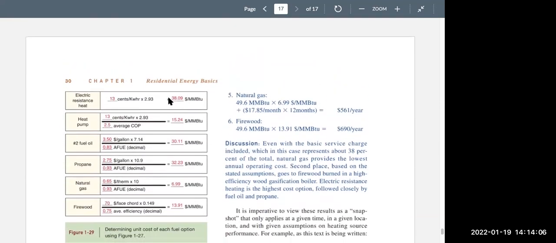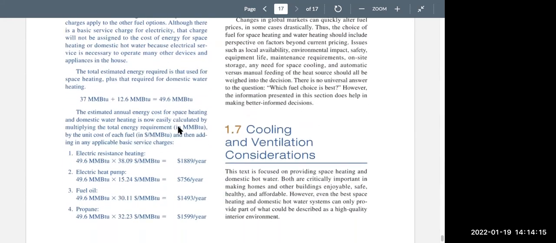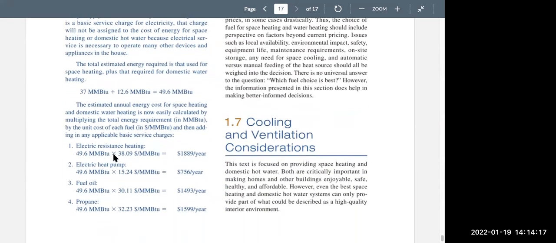We look at this chart, we see each one of these costs per millions of BTU, and then we're going to take it down there and simply multiply it. So that's how much the family uses. That's how much it costs per millions of BTU. That means if the family uses electric resistance heating, they're going to pay about $1,800 a year.